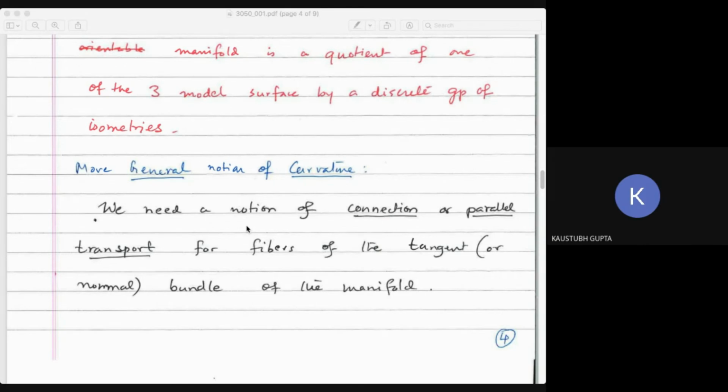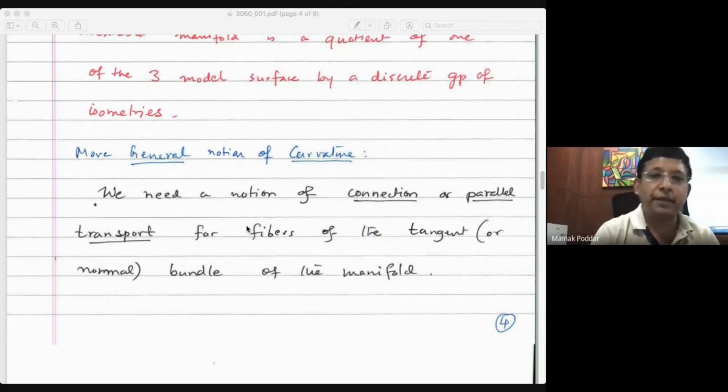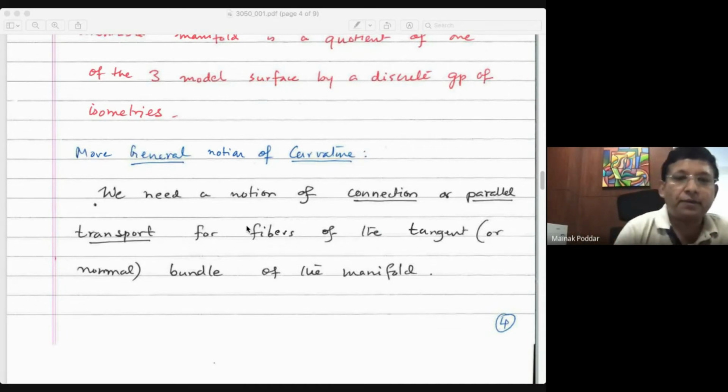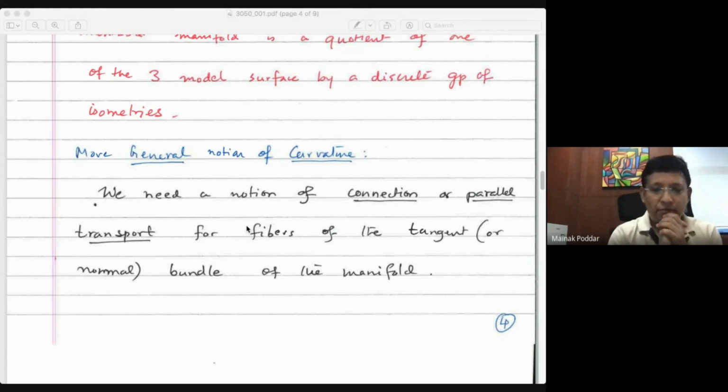Thank you. Now here is where we take a serious look at a serious generalization. What is curvature in general, when you go to a 5-dimensional manifold?